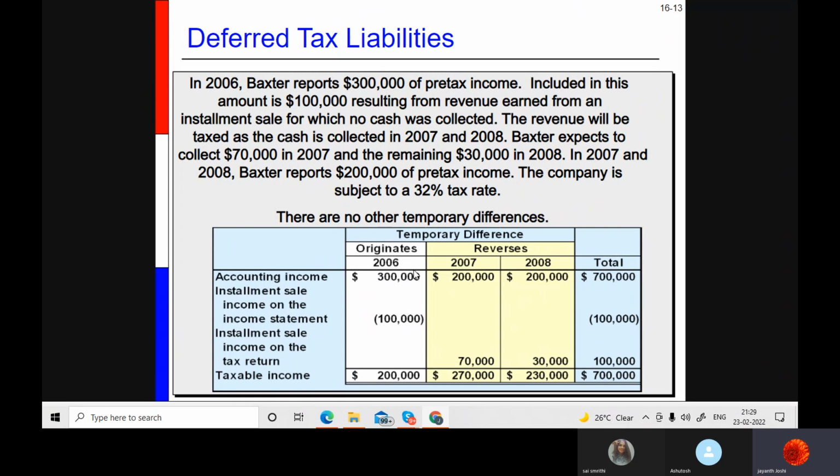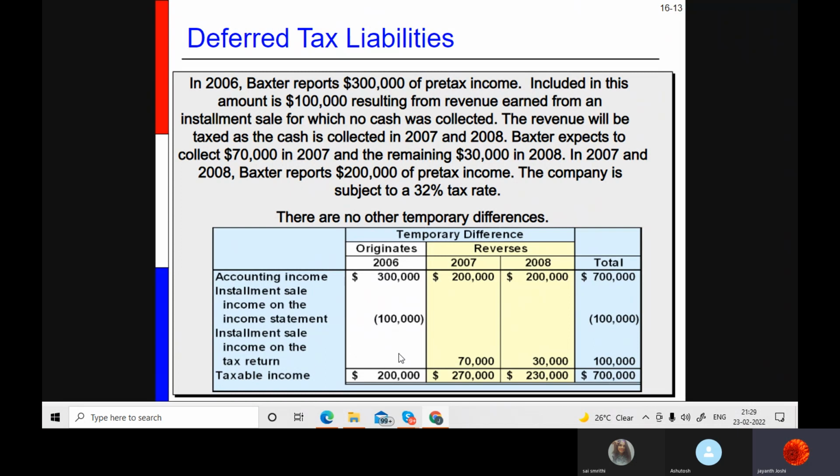In accounting income, you will be recognizing the installment sales amount even though you don't receive it, because the concept here is if you earn it, you show it. It doesn't matter whether you received it or not. But when you prepare income tax returns, the receipt aspect is very important. That means if you receive this 1 lakh, then only you can show it in the tax returns.